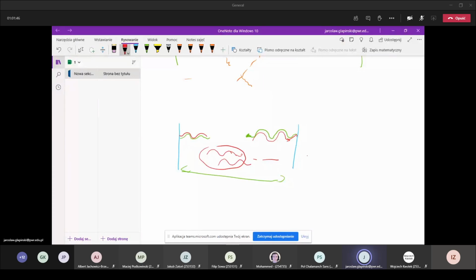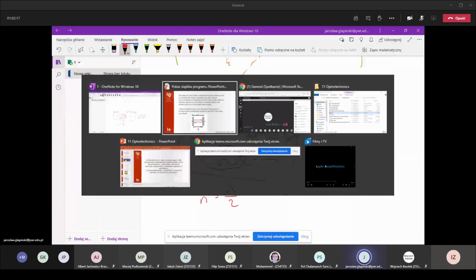The wave coming from one mirror and the wave from the other mirror should have the same phase. This distance should be more or less divided by 2, because otherwise we have no light coming out.